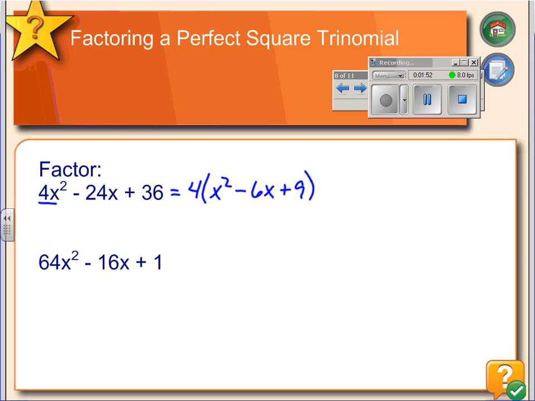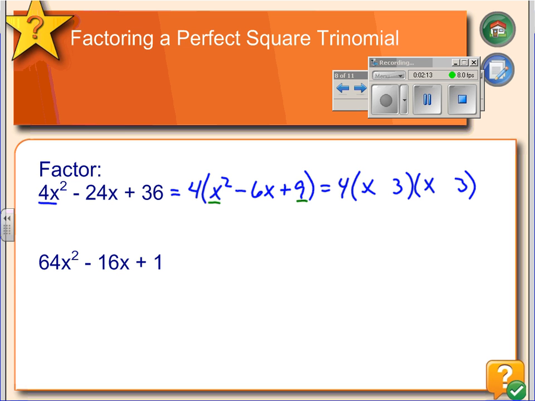Okay, but what remains here is still a perfect square. X squared is a perfect square, and 9 is a perfect square. So if we were to factor that, the square root of x is x, and the square root of 9 is 3.